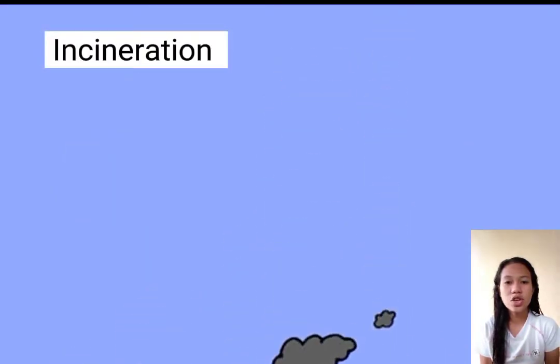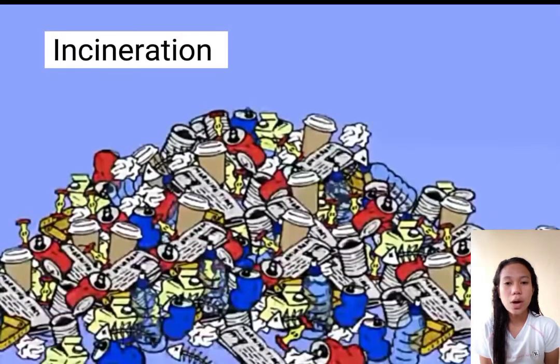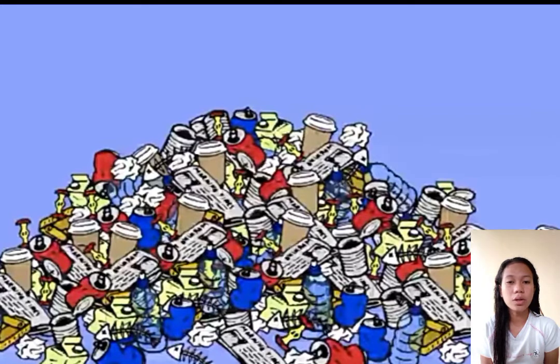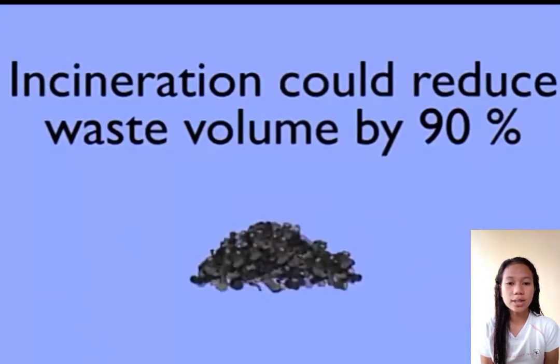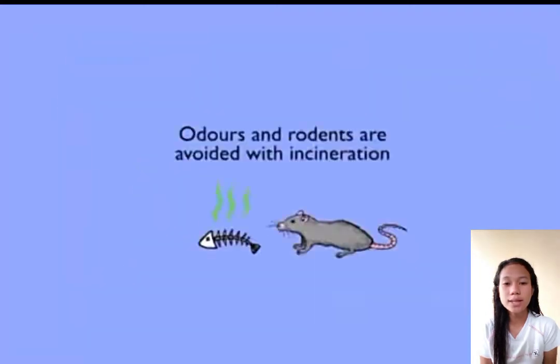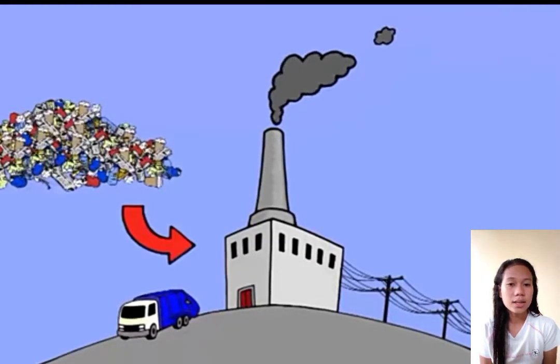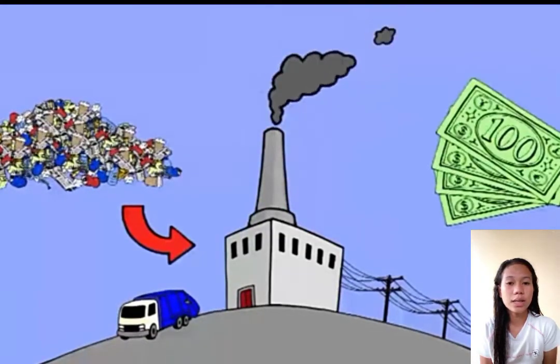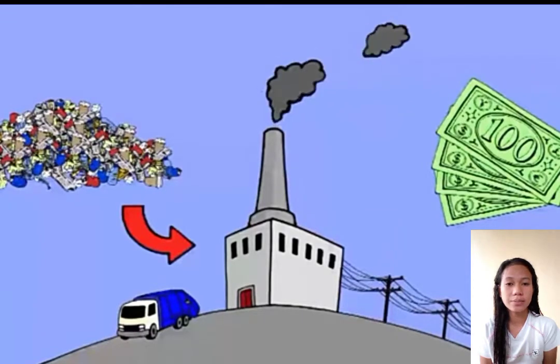Second is incineration. Incineration is the process of controlled combustion of garbage to reduce it to incombustible matter such as ash and waste gas. The exhaust gases from this process may be toxic, hence it is treated before being released into the environment.